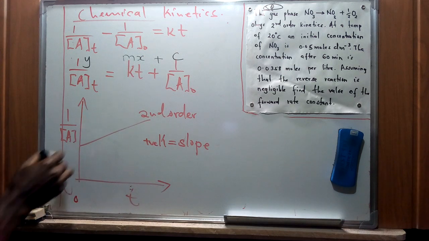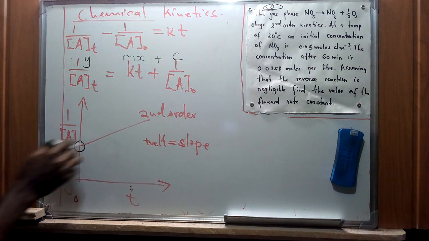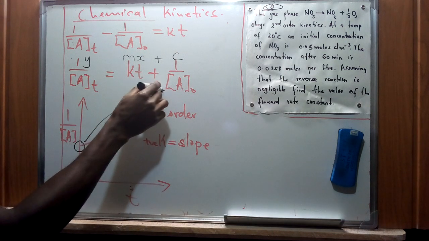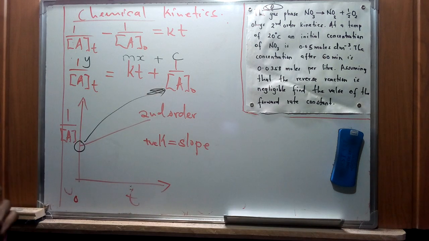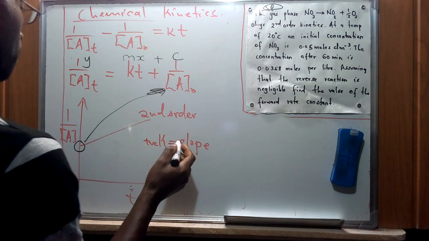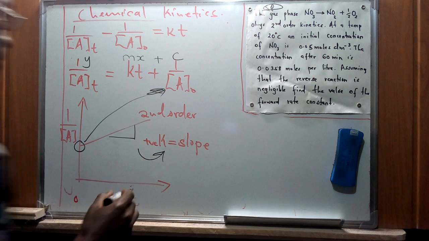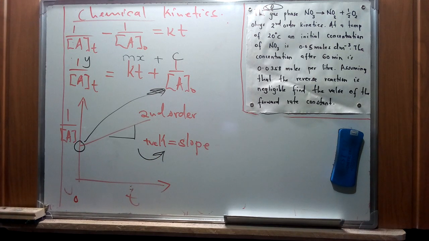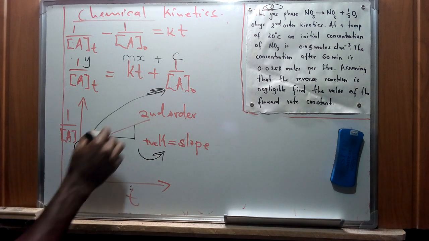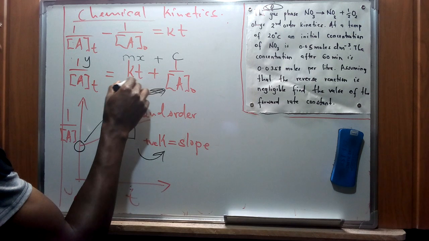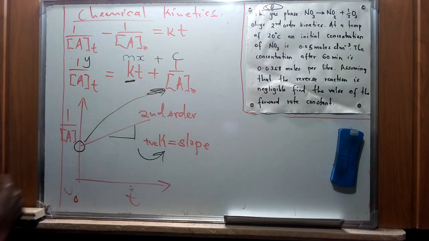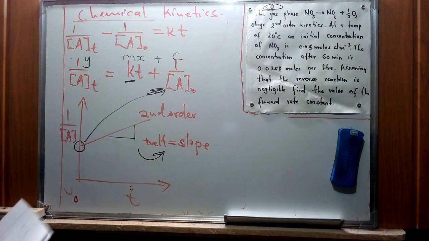So the y-intercept is going to give the inverse of the initial concentration of this solution, whereas the slope of this graph is going to give us the value of the forward rate constant, which is m, the gradient in that case.